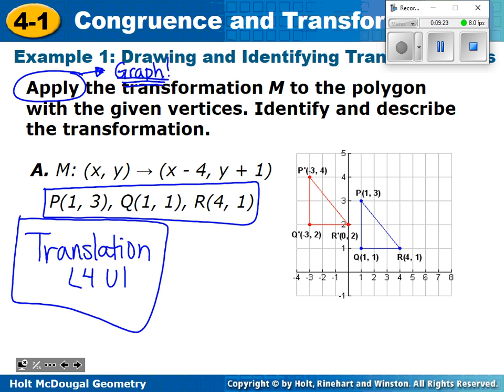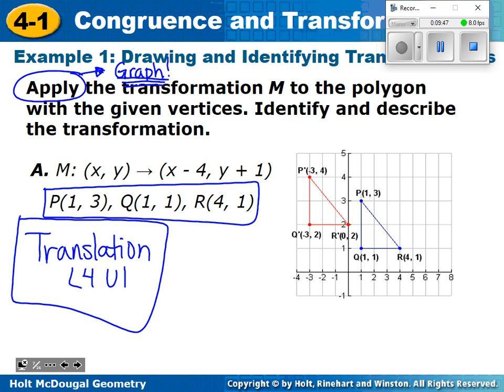But you are going to graph it, because if it says apply, then I'm going to be grading for your graph. Okay, so you're going to apply the transformation. We graphed the blue triangle already. Now we want to graph the new red triangle. The easiest way, I think, to graph it is to just shift your points left 4, up 1. Would you guys agree? So go ahead and do that. Shift them left 4, up 1.